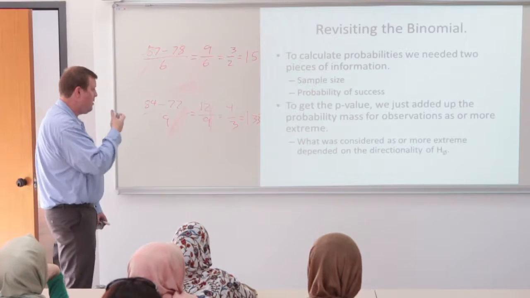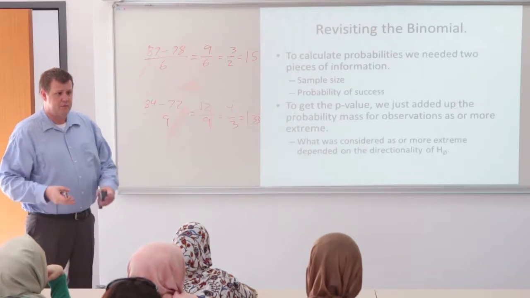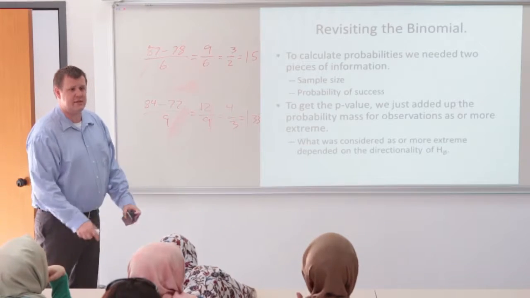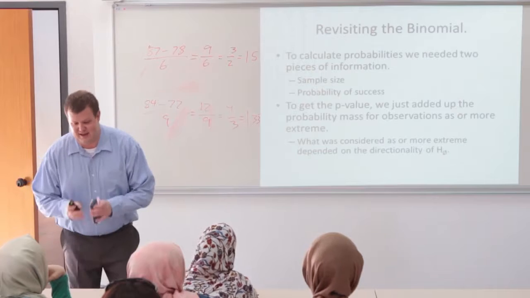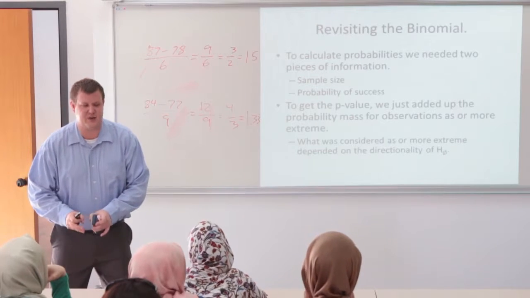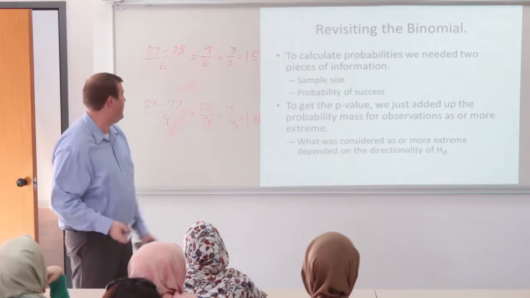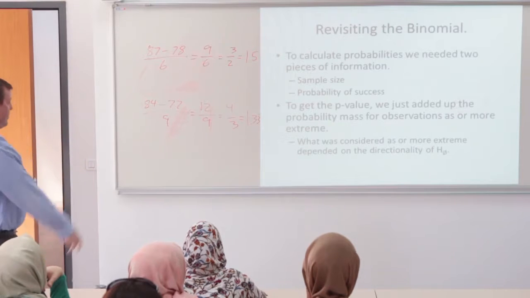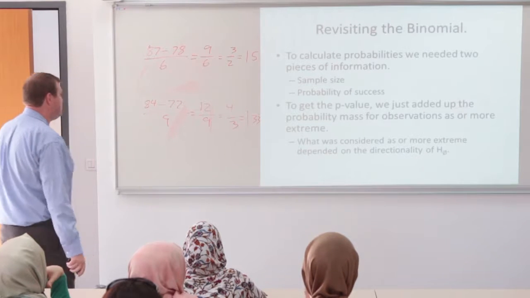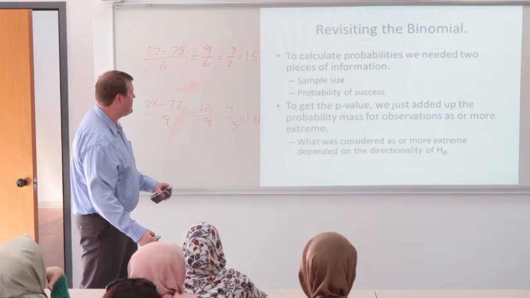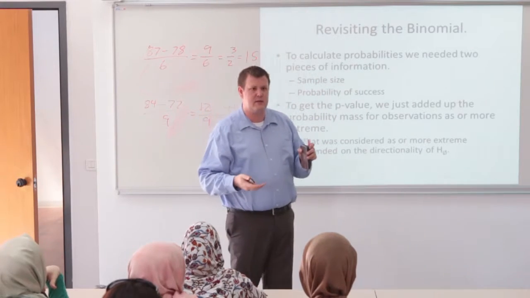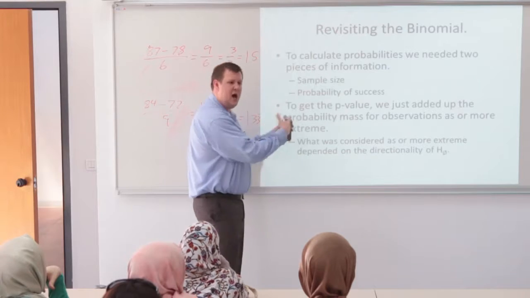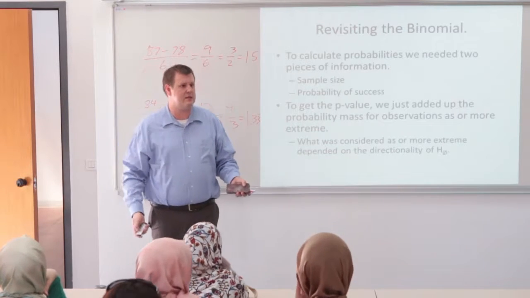Now to get the p-value, we just add up all of those probabilities for some number of successes or more, or some number of successes as or more extreme than that, depending on the tails. And what was considered as or more extreme just depended on the direction of H0. But basically, we had some function that was able to calculate probabilities. And then we just summed up the right probabilities, right?